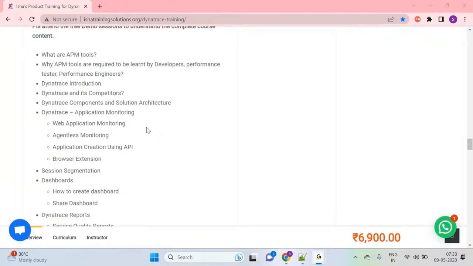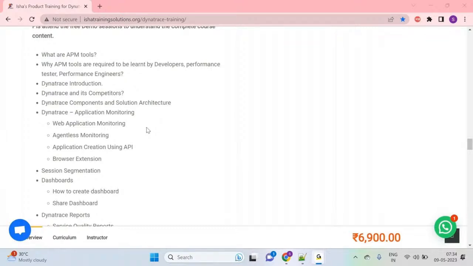There are people in this forum who are searching for a new job, or who want to cross-skill and upskill their knowledge. For their benefit: if you check any performance testing or performance engineering job description, definitely one APM tool will be there for sure. One APM tool knowledge is bare minimum nowadays. That's how the industry is trending.